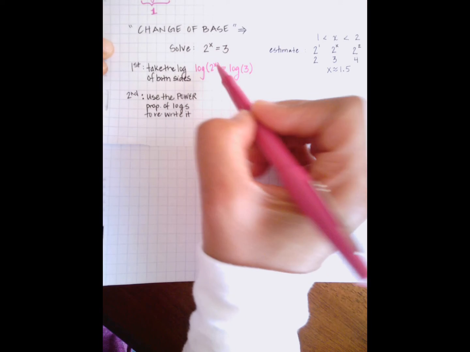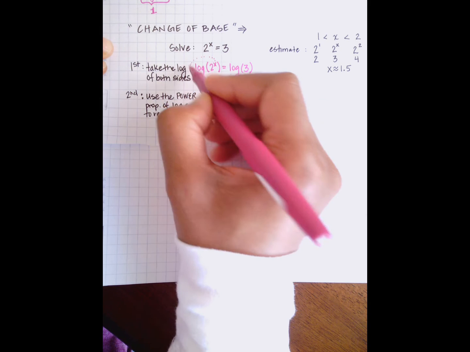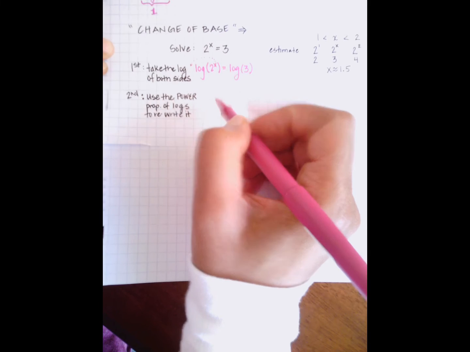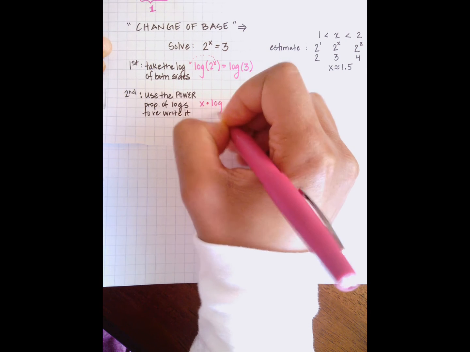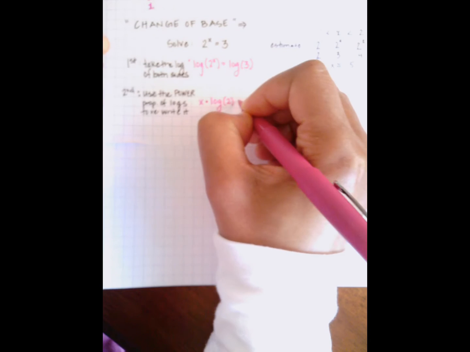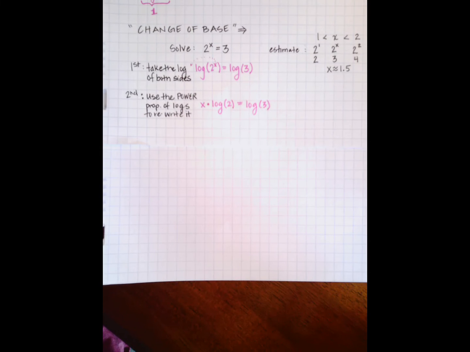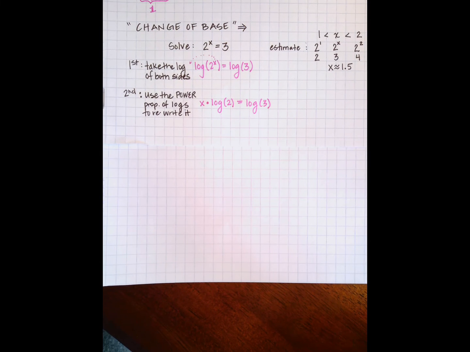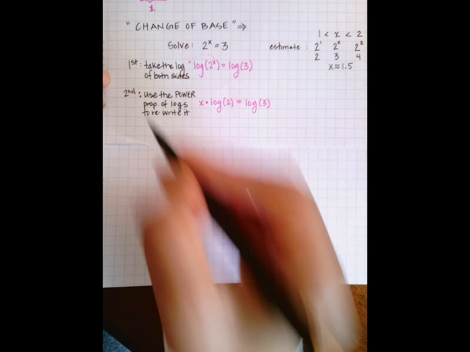So if I do that, I rewrite this as x times the log of 2 equaling the log of 3. Remember that when I took the log of both sides, I was taking log base 10. When I don't write the subscript, that implies log base 10, which is a calculator button that we do have at our disposal. The last step is now to solve for x.